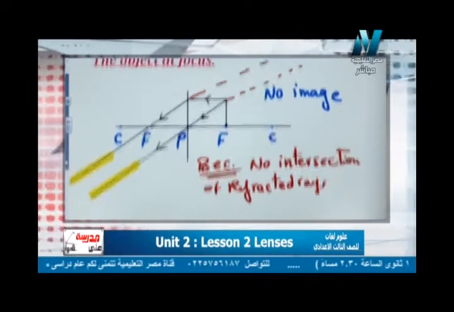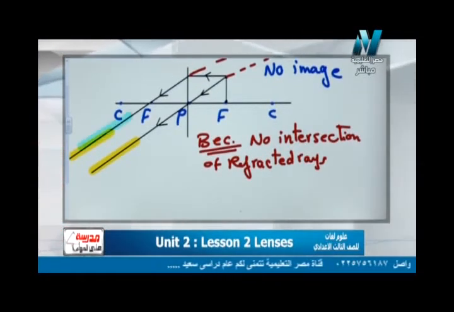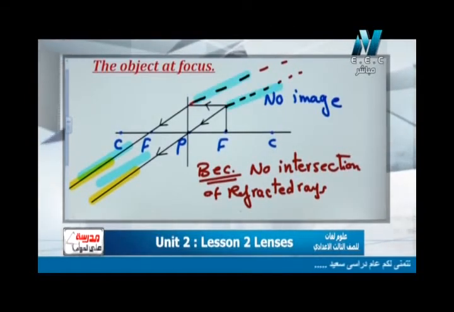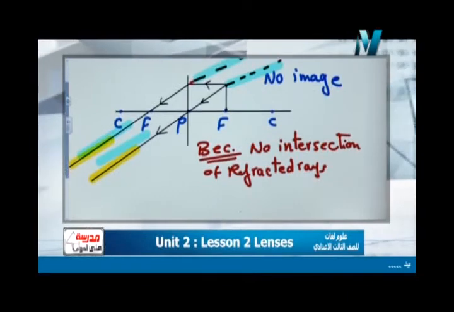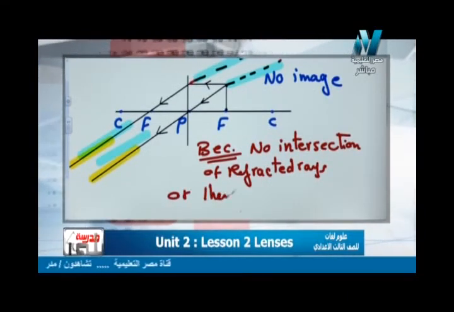No intersection of refracted rays here, or their extensions, like in this point. So no intersection of refracted rays or their extensions.